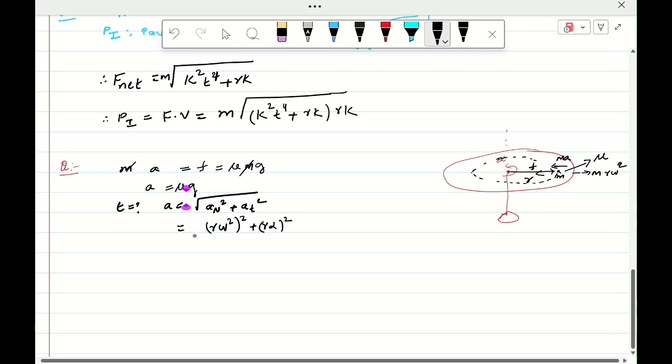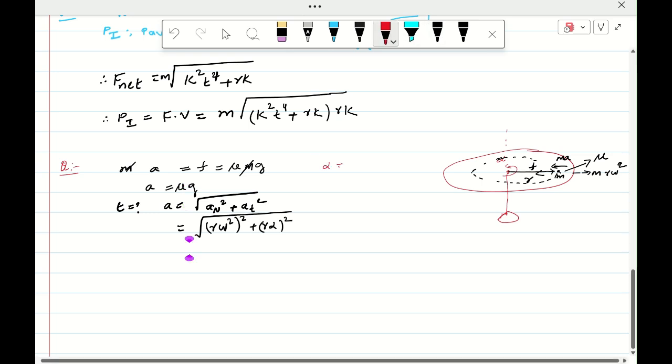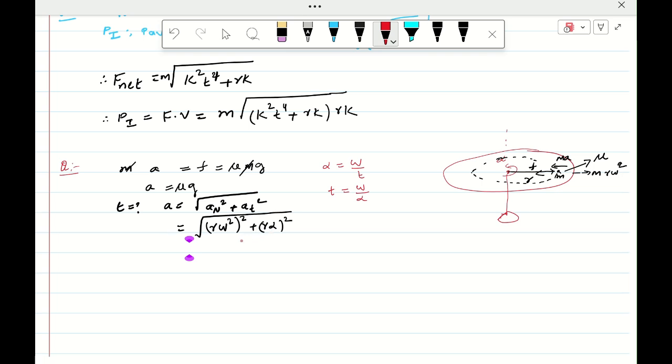Now here r is the radius of that particle, at what distance from the axis it started revolving without slipping. Right? So now a is equal to mu g, and here alpha is constant, given for the turning table. Then alpha is equal to omega by t. So he's asking to find t. Then t is equal to omega by alpha. From this again you can find alpha in this case, otherwise omega. From that you can find the answer.